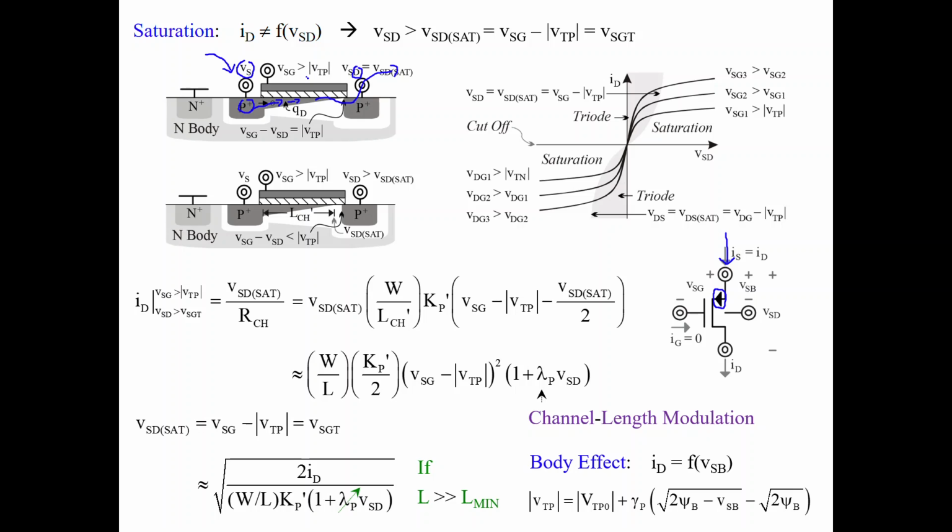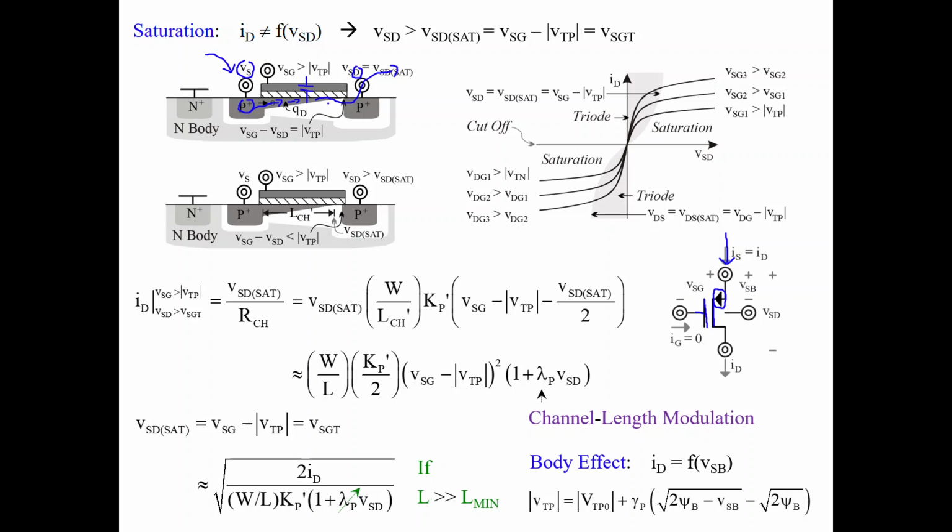Now we also have a capacitance from the top gate to the channel, and that's what we're drawing here, a capacitor from the top gate to the channel, and this capacitor is the one that induces a channel underneath it.